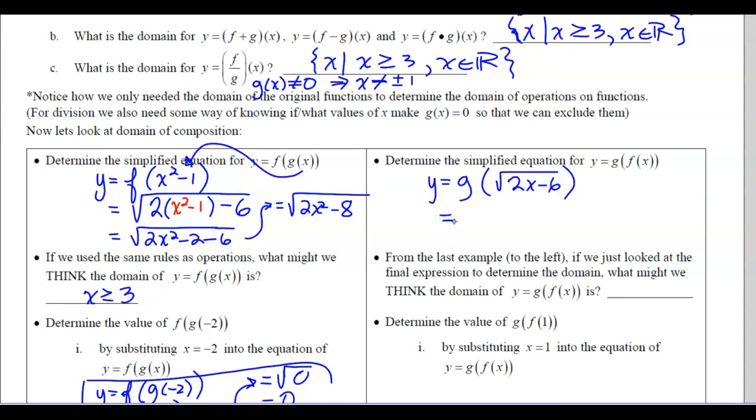So that's what we put into g. Now, when you square a square root, the radical goes away. So we get 2x minus 6 minus 1. And that simplifies to 2x minus 7. So that gives us a linear function.